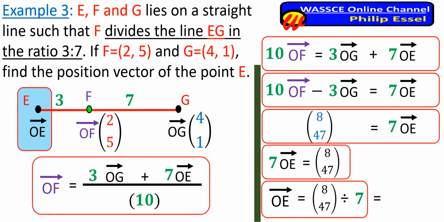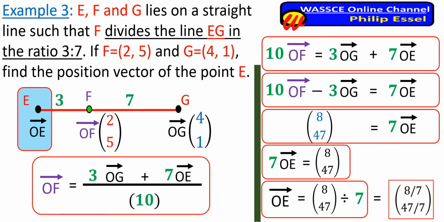This will be equals to the vector 8 over 7, 47 over 7. Therefore, the position vector of the point E, which is vector OE, is equals to the vector 8 over 7, 47 over 7.